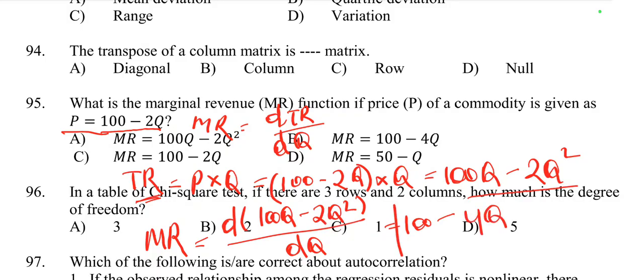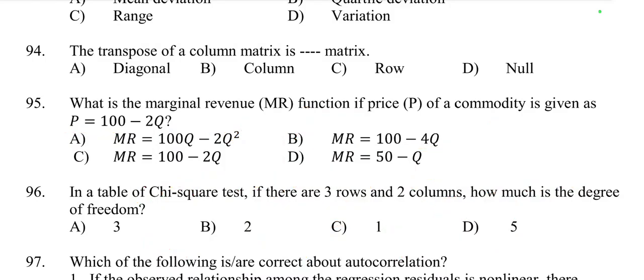It is the simple derivative, I apply the power rule to find out the derivative. So derivative value is 100 minus 4Q. So MR is equal to 100 minus 4Q. Here right option is option number B.